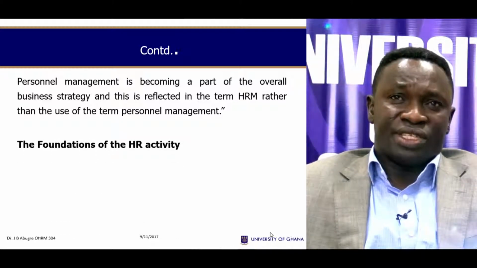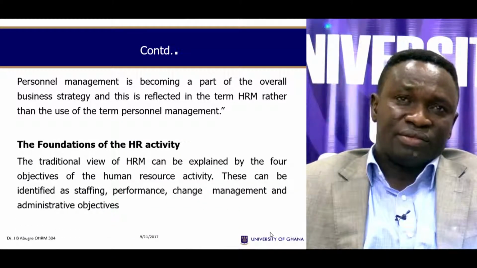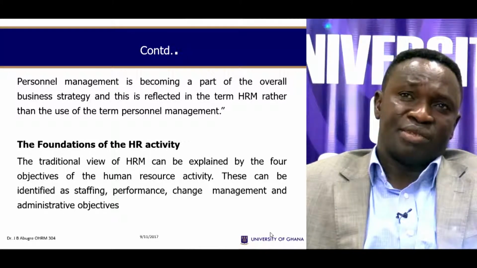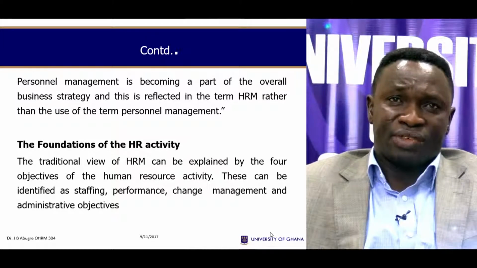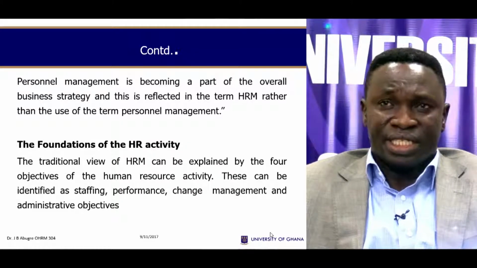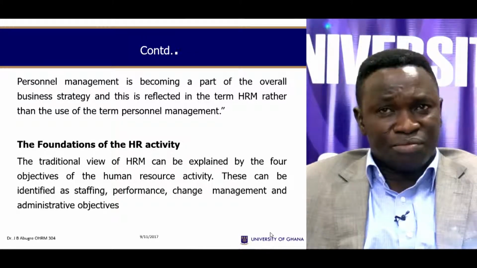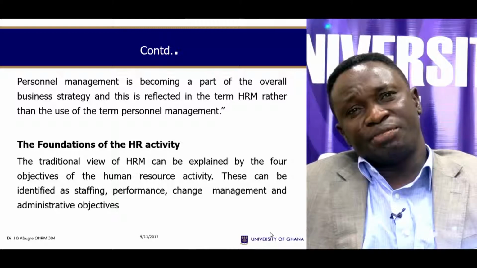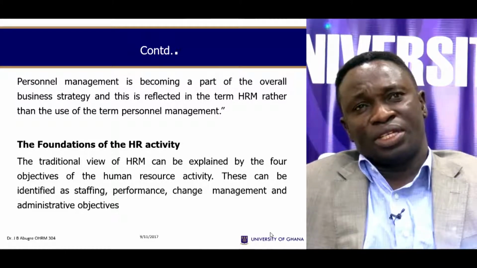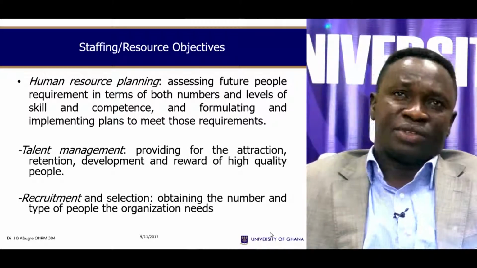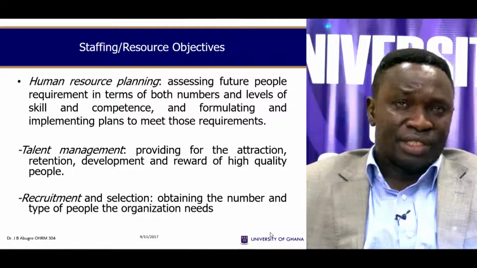The foundation of HR activity. The traditional view of human resource management can be explained by the four objectives of the human resource activity. These can be identified as staffing, performance, change management, and administrative objectives. So let's start with the first one, human resource planning.